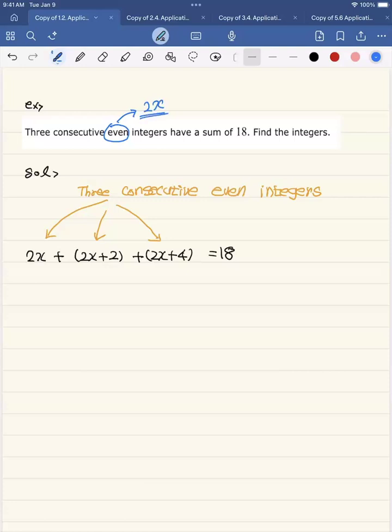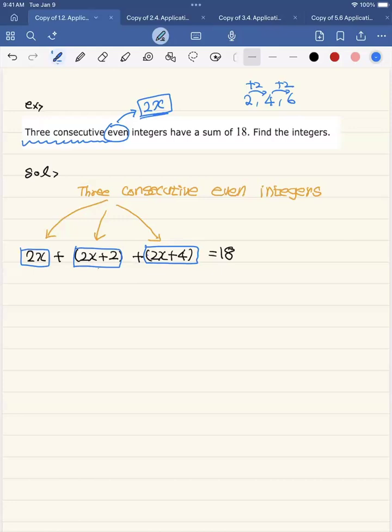They are saying 3 consecutive even integers, like 2, 4, 6. If we start with 2x, then to get the next number, we have to add 2. So we start with 2x, and then we list 2 more numbers by adding 2 to the previous one.